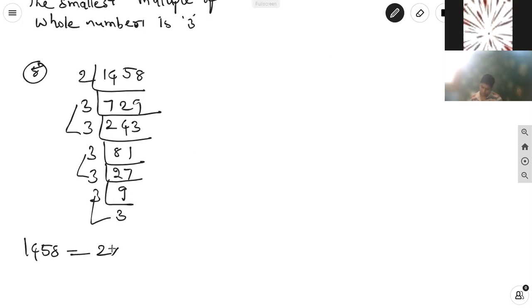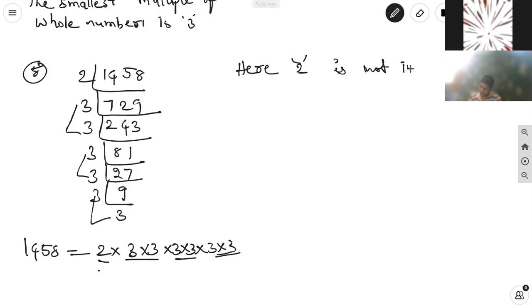So 1458 equal to 2 into 3 into 3 into 3 into 3 into 3 into 3. 3 is in 3 pairs, but 2 is not in pair.